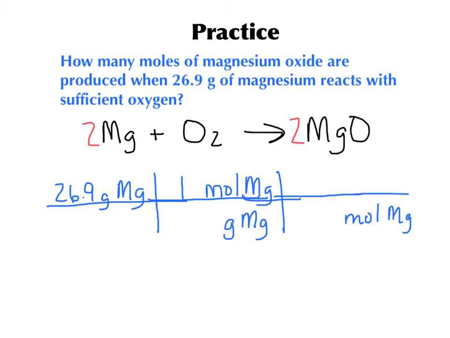And now that we're at moles of Mg, we can go anywhere on this balanced equation that we want to, because this says 2 moles of Mg react with 1 mole of O2 to make 2 moles of MgO. And so when we plug it in here, we can go to moles of what the problem asks us to find. It says how many moles of MgO, magnesium oxide.